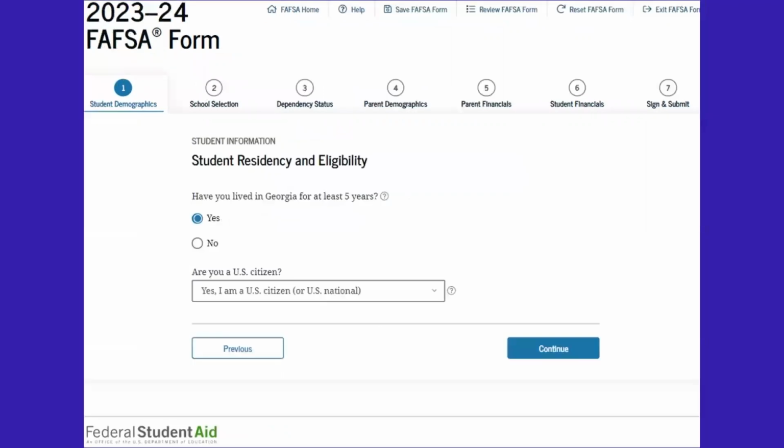They will ask some residency and eligibility information. They want to know how long you've lived in Georgia. If you answer no, you will probably be prompted to another group of questions. If you are a US citizen or you are a qualified non-citizen, you are eligible for financial aid.